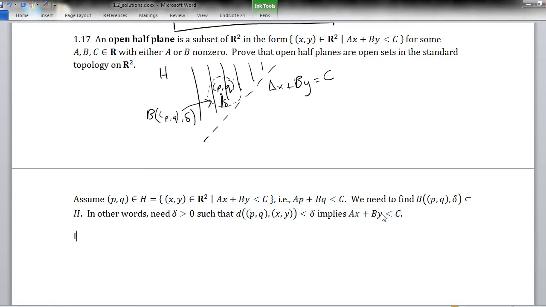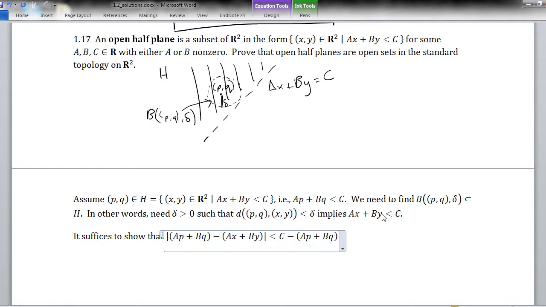I claim that it suffices to show that the distance on the real number line between ap plus bq and ax plus by is less than c minus (ap plus bq). Okay. Why is this? Well, now we can try to draw.